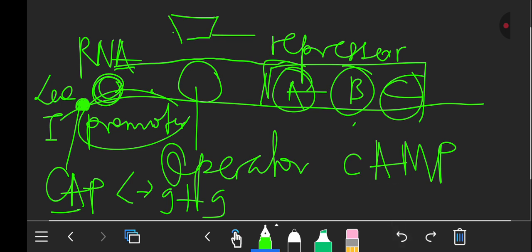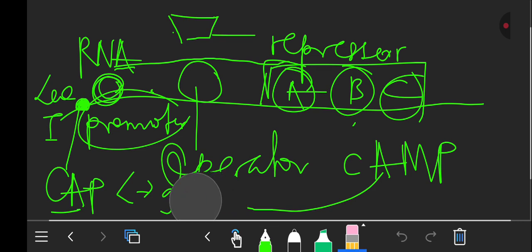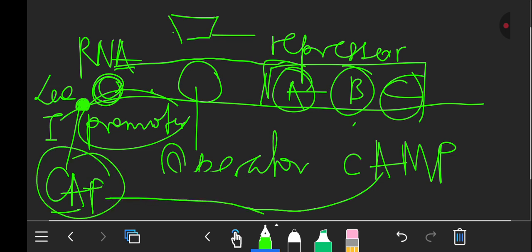So this cyclic adenosine monophosphate is the one which is going to tell the CAP. It will bind to this CAP, hence it will increase the rate of transcription. Okay? This cAMP will bind with the CAP.